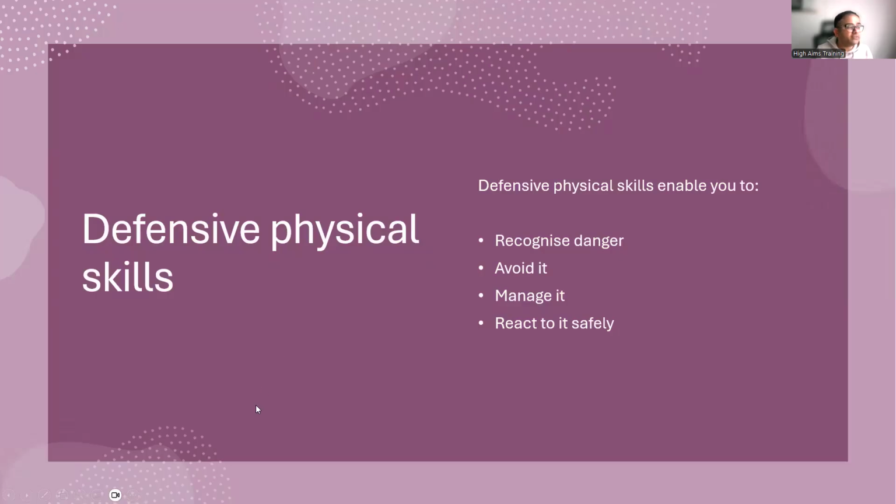And then defensive physical skills enable you to recognize danger, so you do dynamic risk assessment, avoid and manage it, and react to it safely using the safe techniques that we will teach you in the classroom. So I'm going to repeat it again. Defensive physical skills enable you to recognize danger, avoid it, manage it, and react to it safely.